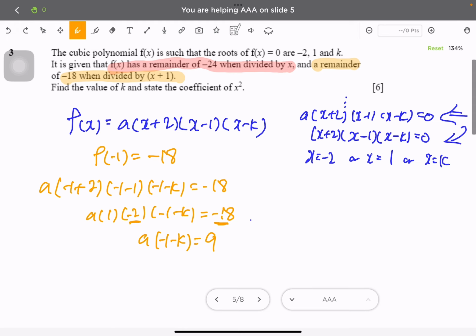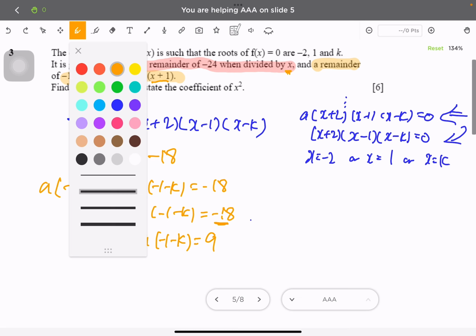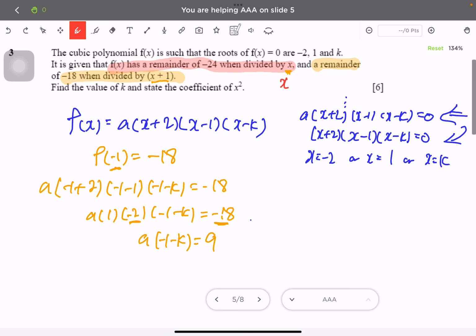Okay, I want to take note of something. This is x plus 1, so when I substitute here, it will be x equals minus 1. When it's divided by x, this part here is actually x plus 0. So the issue now is I am substituting x equals 0 to give a remainder of minus 24.